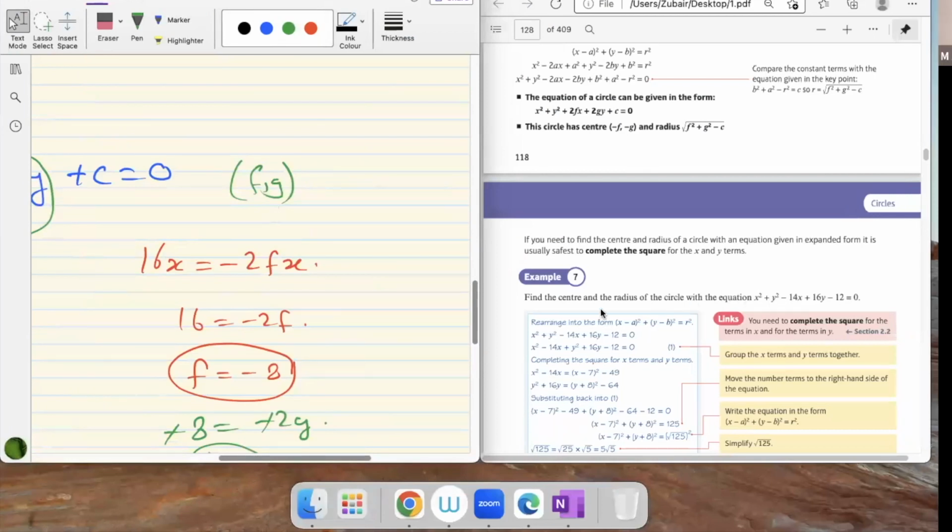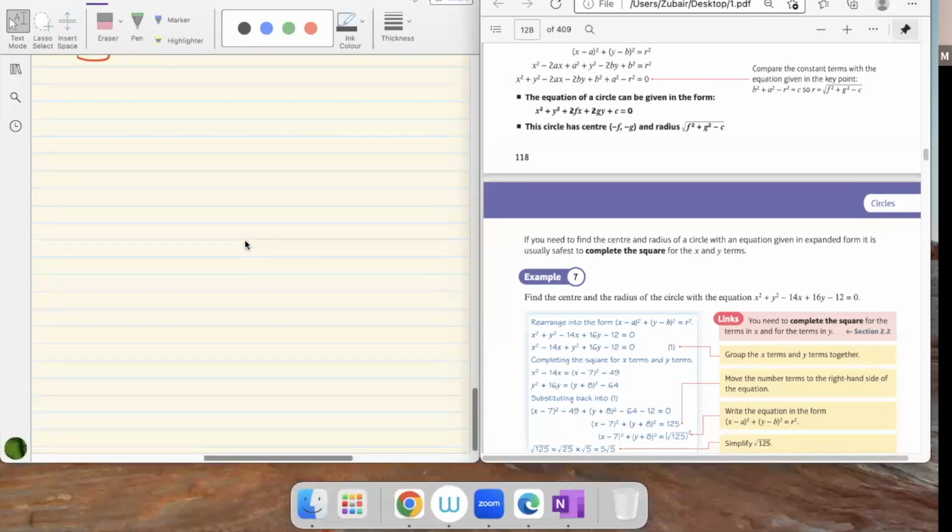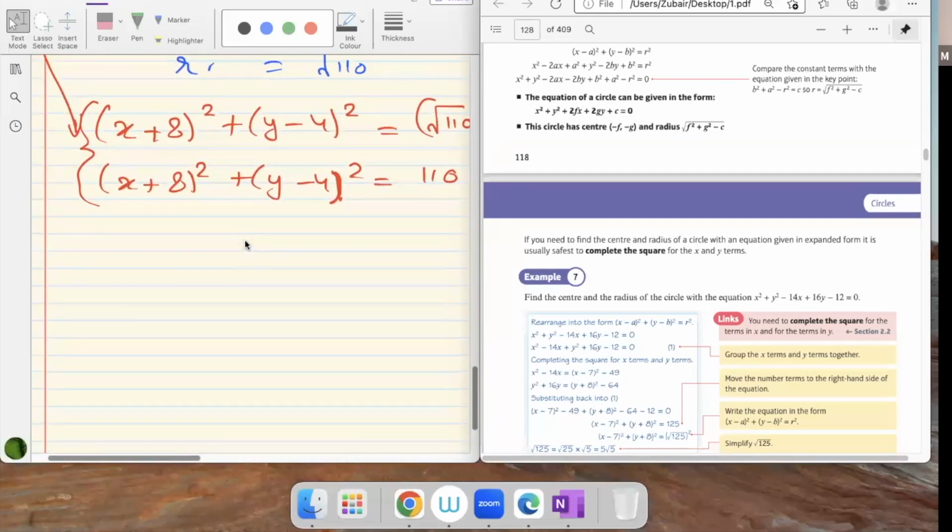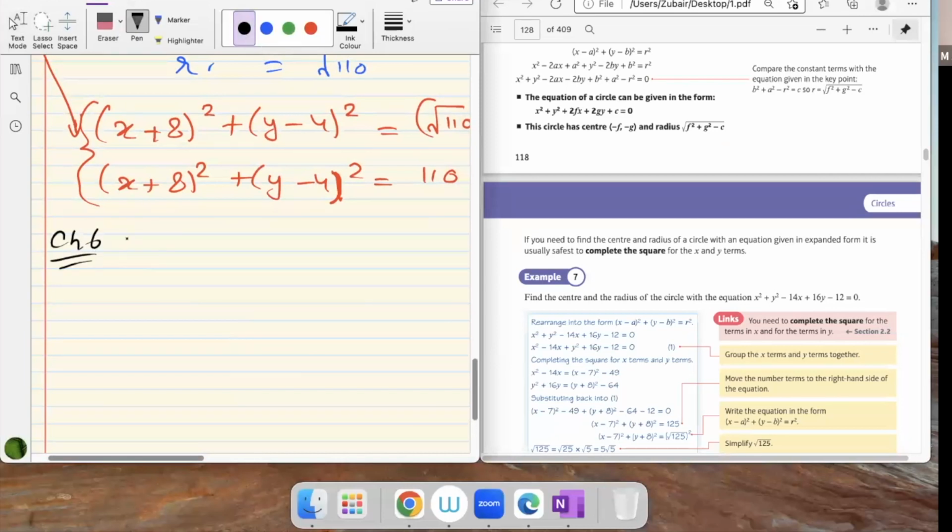Okay, look at this question. It says find the center and radius of the circle. Let me jot down this equation. Chapter 6, example 7.